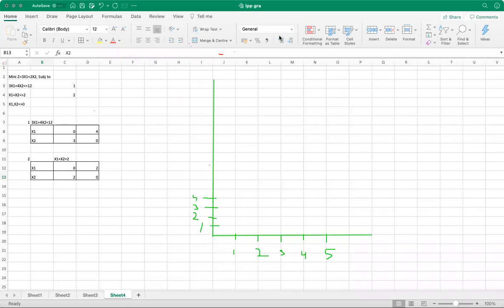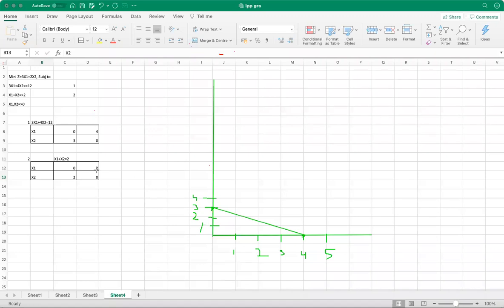So I will start. First equation says x1 is 0, x2 is 3. Okay. Then I will say x1 is 4 and x2 is 0. One second, sorry. Right?